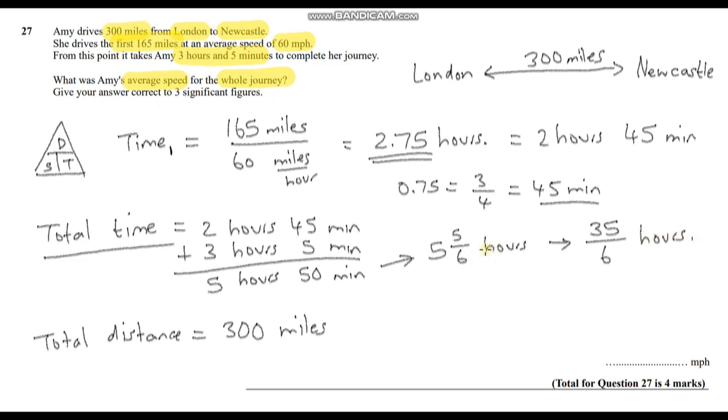Okay, so now it doesn't really matter how we do this because we do have a calculator. If we didn't have a calculator, it would probably be easier to leave it as an improper fraction. But we do have a calculator, so it makes things a lot easier for us. So the average speed, I'm just going to put av speed.